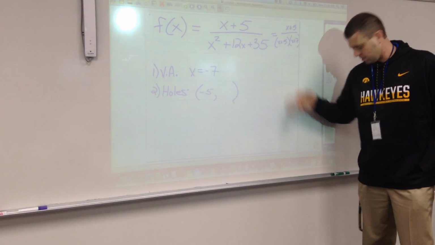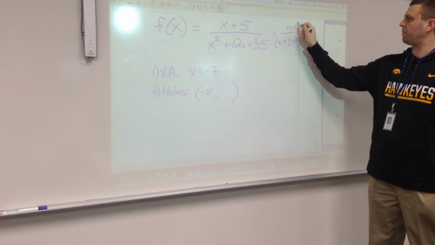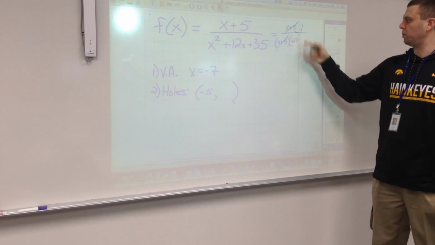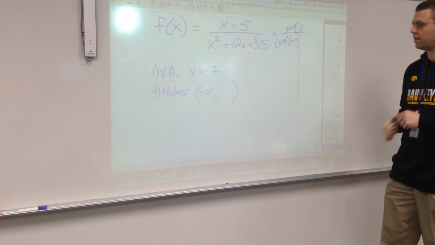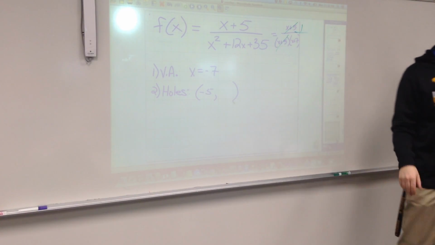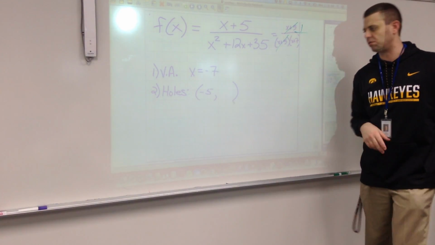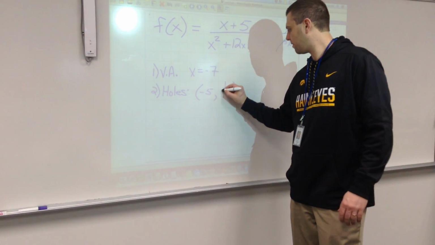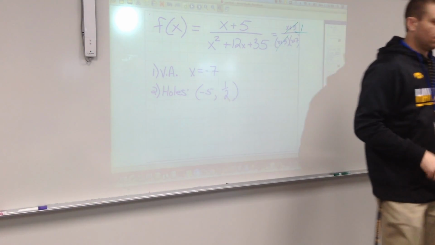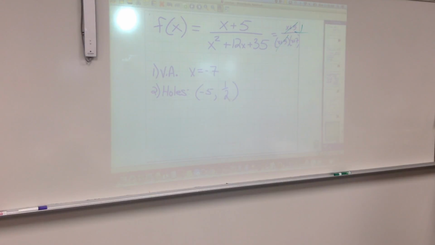Cancel out your common factors, and now you just have 1 over x plus 7. Now can you plug in a -5 for x and get an answer for y? Yes, -5 plus 7 is 2. 1 divided by 2 is 1/2. So this particular rational function has a vertical asymptote at x equals -7. It's got a hole at -5 comma 1/2.